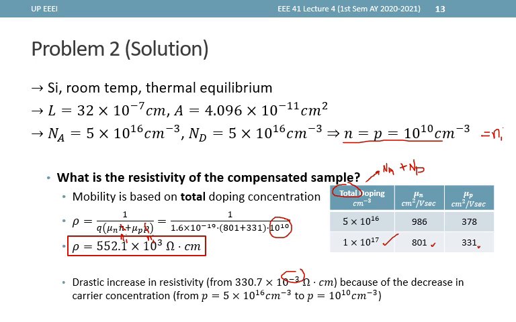The resistivity increased because since we compensated the material, there is a big decrease in the carrier concentration. So note that from p is equal to 5 times 10 raised to the 16, it just became 10 raised to 10 since we fully compensated the material. So with only few carriers available, then the resistivity will be higher or increase.